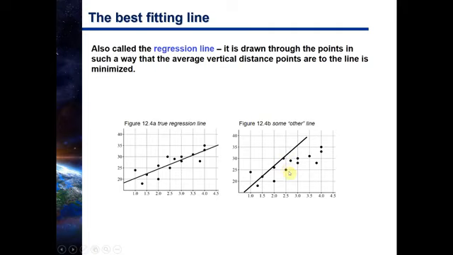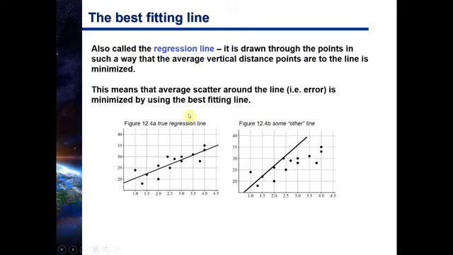This is no longer the best fitting line, which means if you tried to use this line to make predictions, your predictions would be worse than if you use the best fitting line. So we are always going to use the best fitting line to make predictions. And remember, the best fitting line is the regression line.